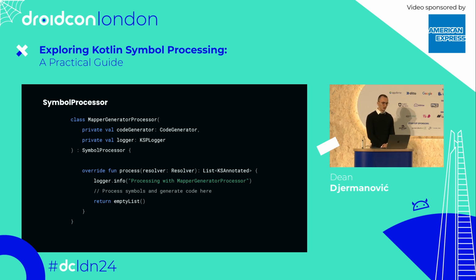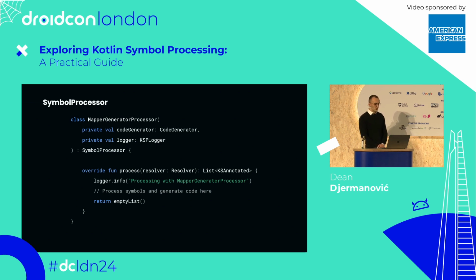When implementing the symbol processor interface, we have to override the process function. The process function is where the main logic for code processing or code generation will live. The process function takes in one resolver parameter that gives us access to the program structures, such as symbols representing classes.